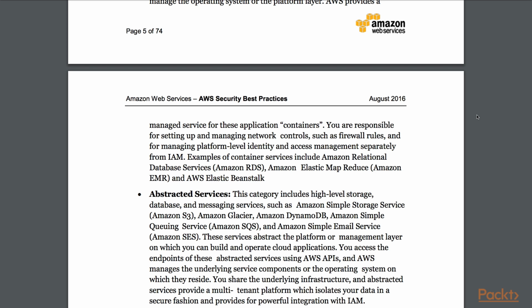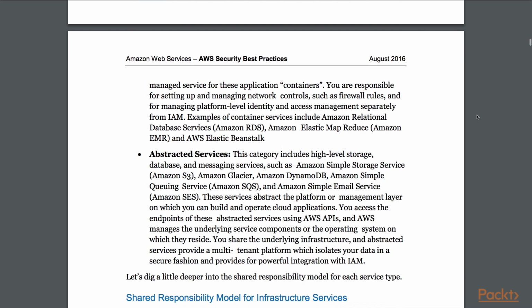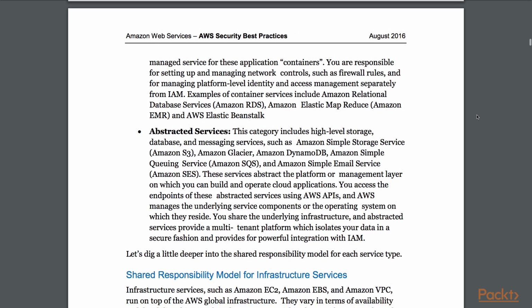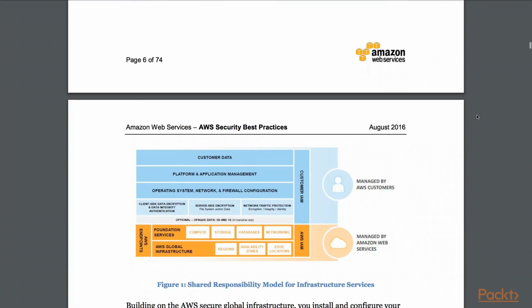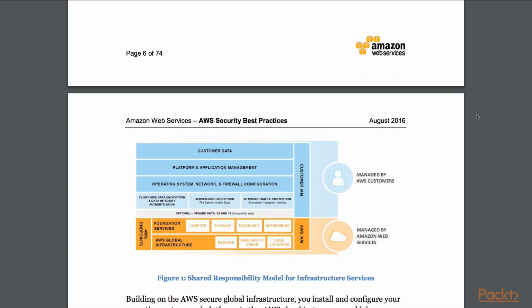We share the underlying infrastructure and abstracted services, and they provide a multi-tenant platform which isolates our data in a secure fashion and provides for powerful integration with IAM. So let's go and have a quick look at what these models look like.